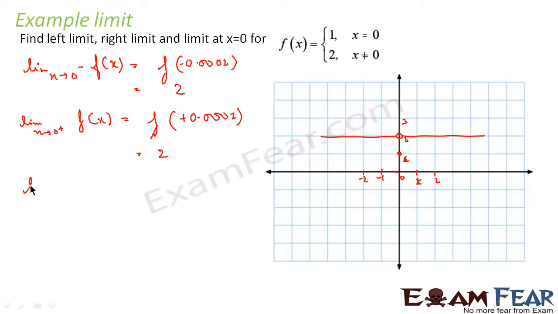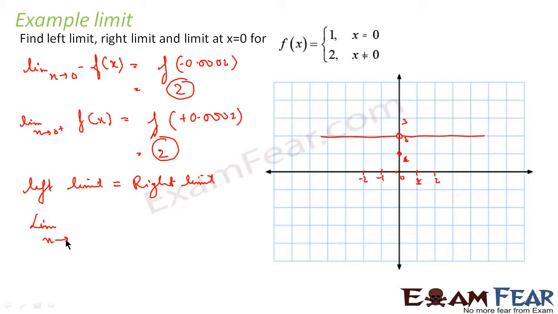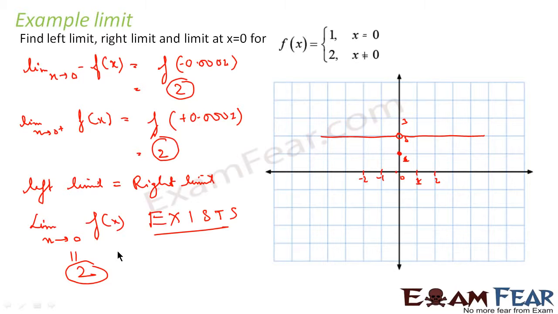So here we see that the left limit is equal to the right limit, because the left limit is 2 and the right limit is 2. So we can say that the limit of f(x) as x tends to 0 exists. If it exists, its value is nothing but 2, because that is equal to the left limit or right limit. Since both are equal, we can take any value.